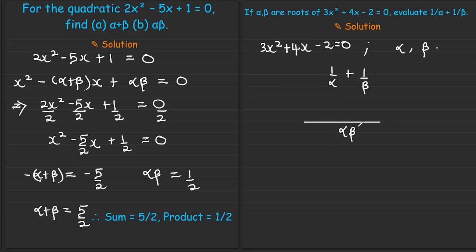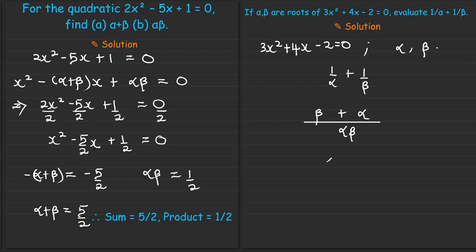Alpha divides alpha beta how many times? Beta. Because this alpha cancels out this alpha, you are left with beta. So beta times 1 gives us beta. Then beta also divides alpha beta, so we are left with alpha. So plus alpha.